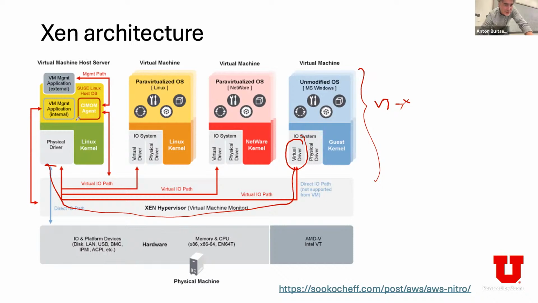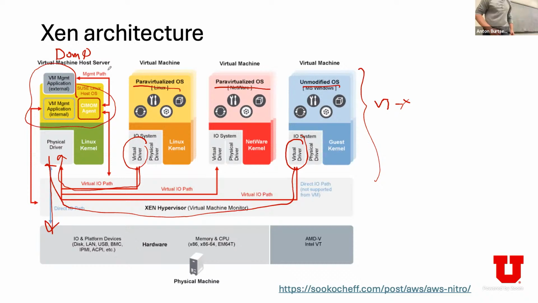So this one is domain 0. They didn't give it a name, but this is domain 0. And there will be some kind of bridging architecture to talk to the real devices. The unmodified VM will be using VT-x, paravirtualized Linux kernels and others will be using the same idea. Virtual devices will be talking to this domain 0. And as I discussed, some management applications are running inside domain 0, right?